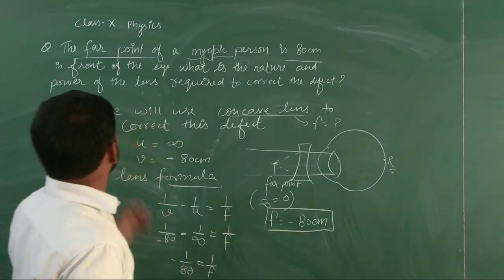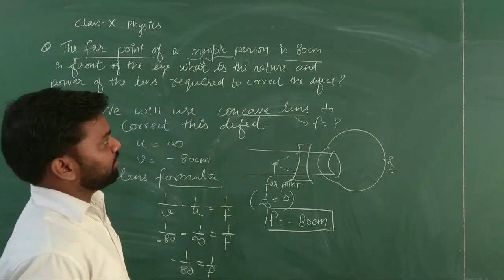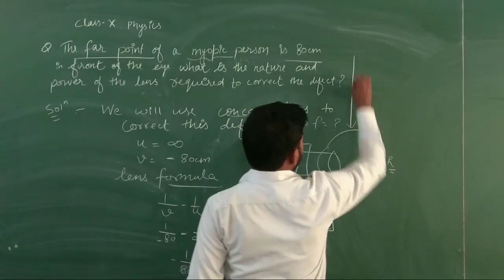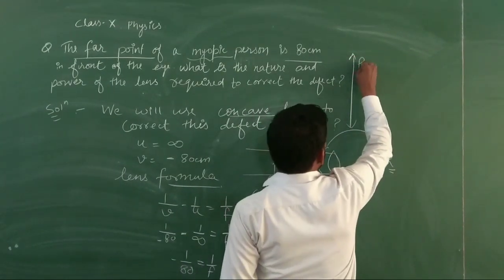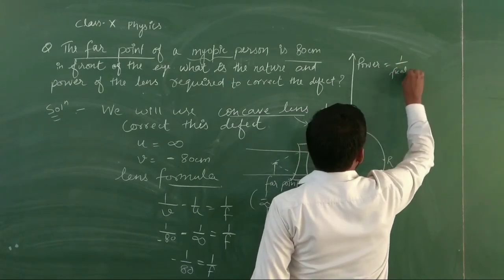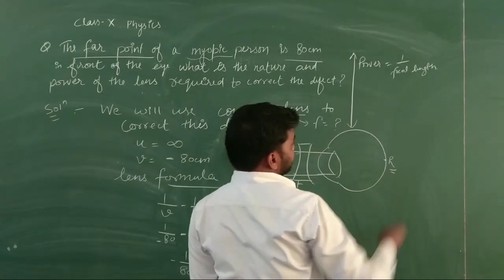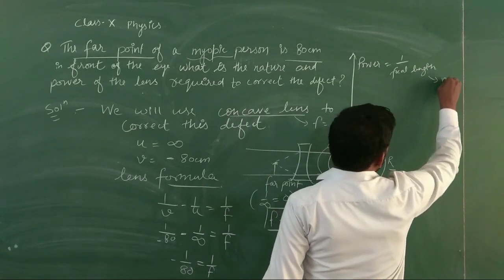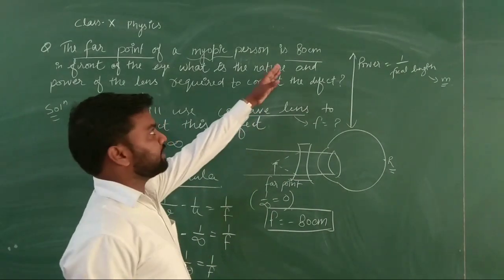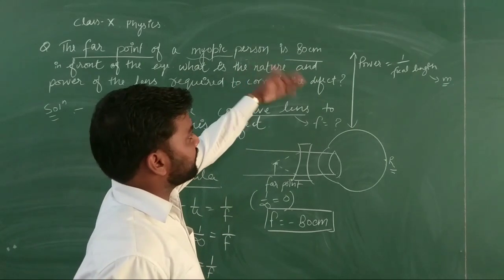Now the question is, calculate the power of the lens required to correct the defect. We know that the power formula of the lens is power equal to 1 upon focal length, but we use this formula when the focal length is given in meter. So we can convert this 80 centimeter into meter and put it directly there.